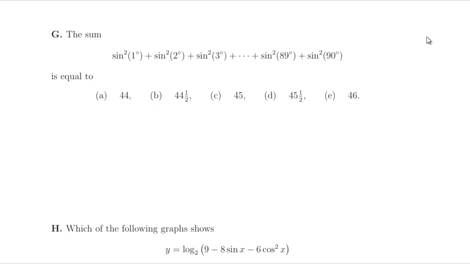I mean, if we changed all of those to 1 minus cos squared 1 degree, and then plus 1 minus cos squared 2 degrees, so that would be this sum. We don't have 0 in, which is interesting, because this is going to be starting.